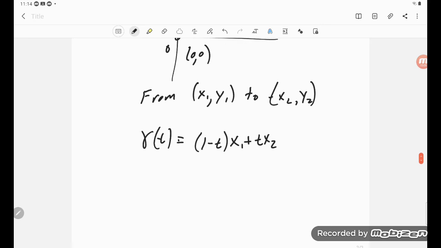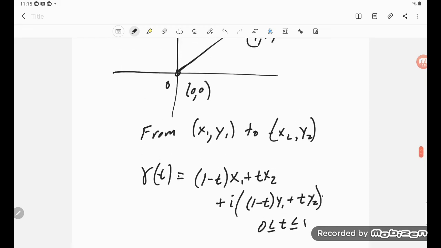Okay, so there's the real part. And then plus i times 1 minus t y1 plus t y2. And this is for 0 less than or equal to t less than or equal to 1.